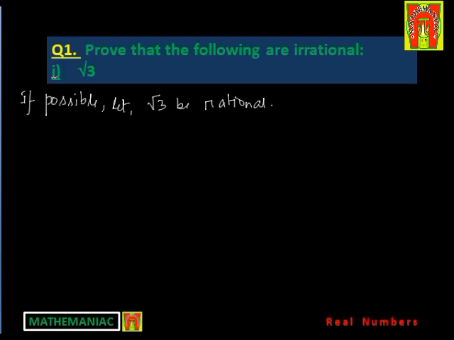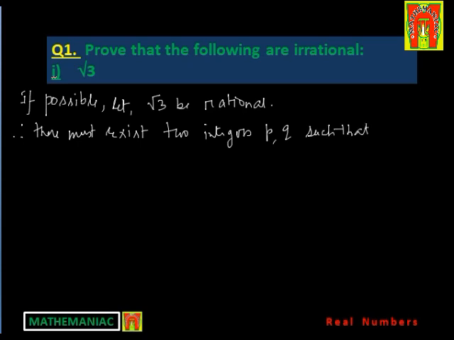If this is root 3, which is rational, I considered, rational can have what kind of expressions? Can you remember? It is of the form p by q. So I can write, therefore, there must exist two integers p, q such that root 3 will be equal to p by q.